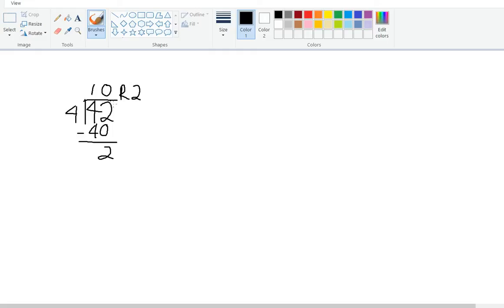What modular arithmetic does is all it cares about is this value here, the remainder. The remainder is what modular arithmetic is solving for.